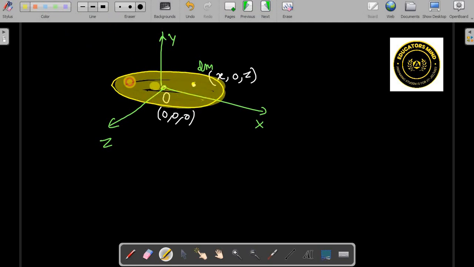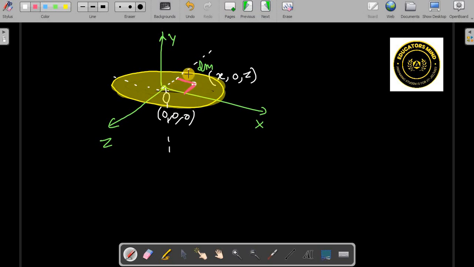Now if I want to find out moment of inertia of this object, how do I calculate? I need to take about which axis we want. First of all, we want the relationship, right? So let us say that you extend this and I also extend this. So if you consider this distance and this distance, what are these distances?